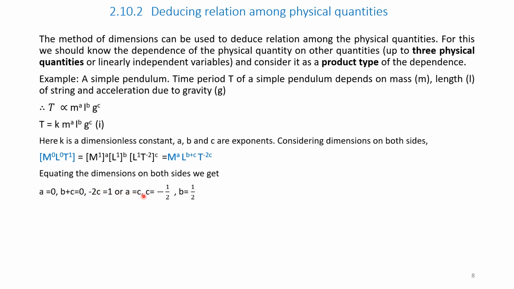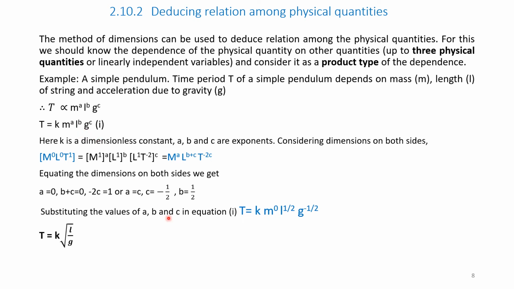Solving these, we find A equals 0, B equals half and C is equal to minus half. Substituting the values of A, B and C, we get T is equal to K into m to the power of 0, because A is 0, L to the power of half because B is 1 by 2, and g to the power of minus half.